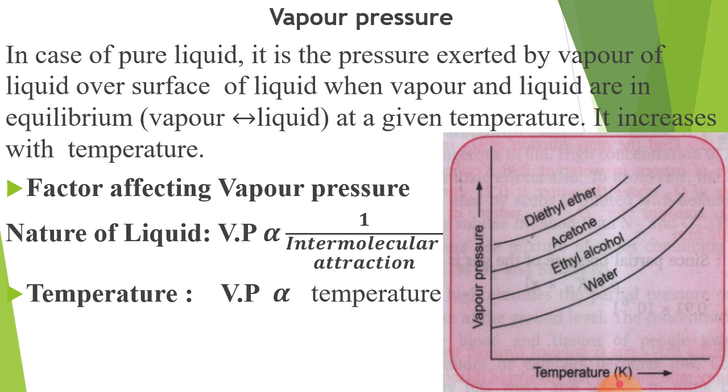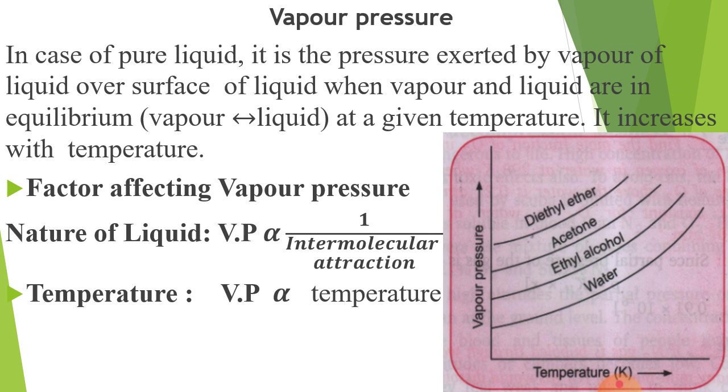That's why ethyl alcohol has less H bonding. Acetone, due to presence of CO, has a difference in electronegativity. The acetone is a polar molecule and hence has dipole-dipole interaction. Diethyl ether is also a polar molecule but its polarity is less than acetone.